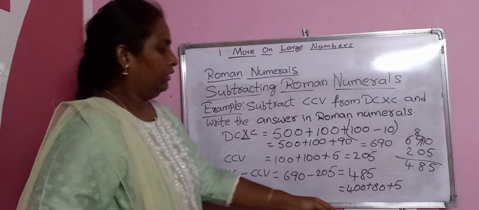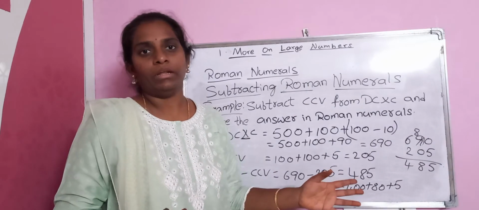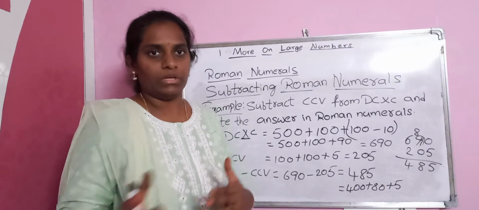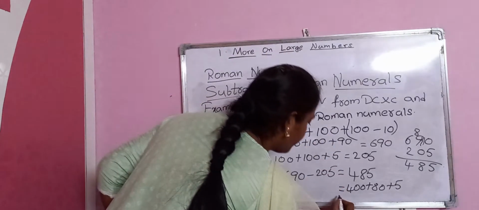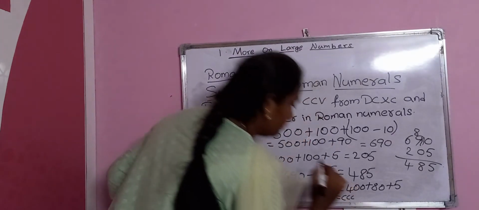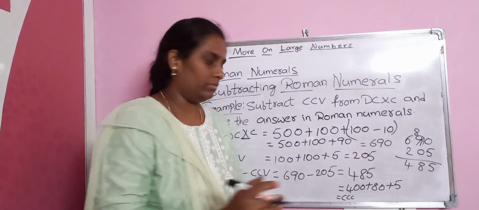Okay. 400 means we cannot repeat C more than 3 times. So, first write C 3 times. C. After that, here one more 100 is there.